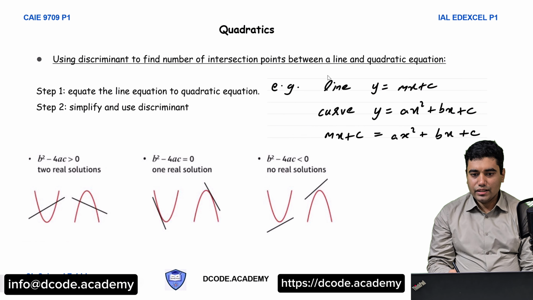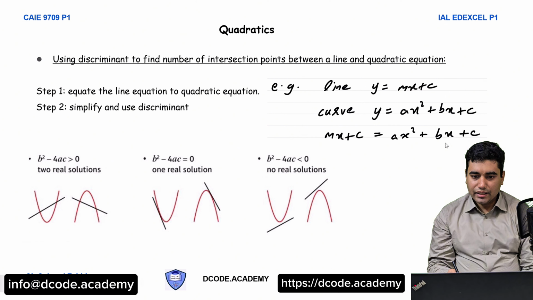And then we can extend this concept to find the intersection points between a line and a quadratic equation also. First you need to equate the quadratic equation to the line, and then you need to simplify the equation, make it one quadratic equation. So this is a general form, mx plus c is equal to ax squared plus bx plus c.